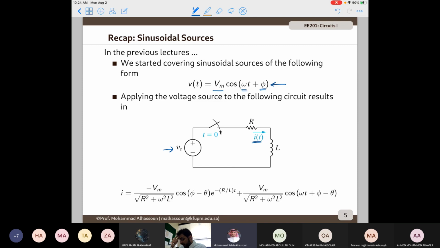We did not derive this formula, but we will take it for granted here, that the current consists of two parts. The first part is the transient, something that's going to appear temporarily, but it's going to die quickly. And we're going to have the steady state, something that's going to stay forever.